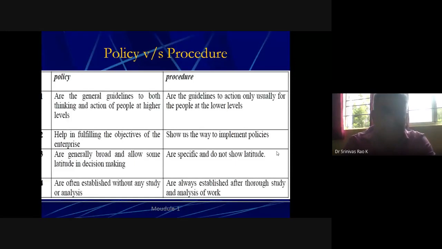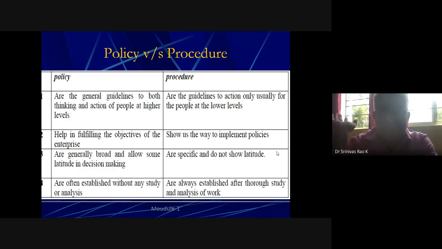What do we mean by latitude? The policy will say you have to conduct the ICU in such a way that no one should die, so you have to keep ventilators every time, so many ventilators should be there. Now according to the policy, they will not tell you what kind of ventilators you should use, what methods you should use, or what oxygen levels.